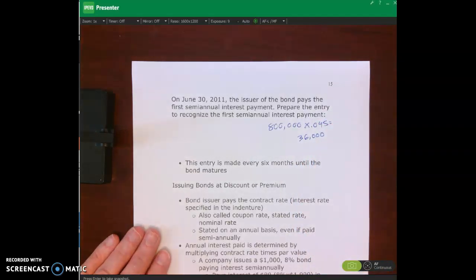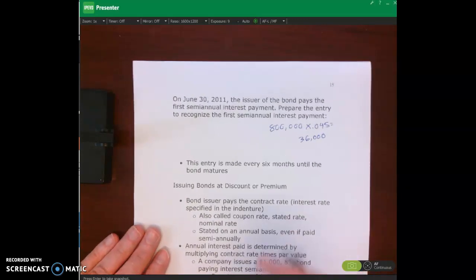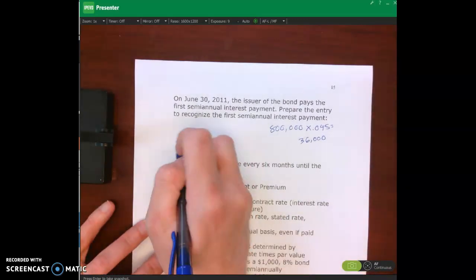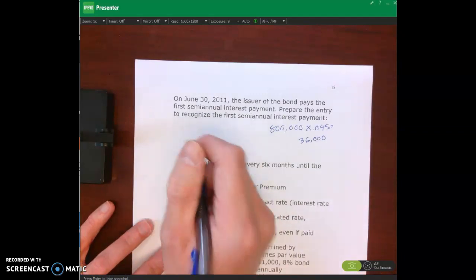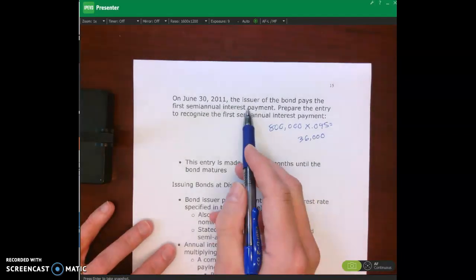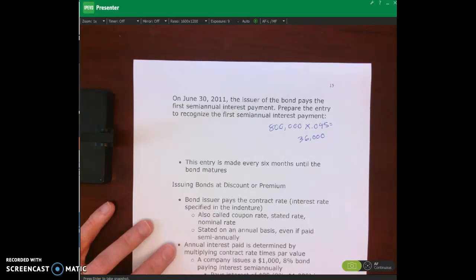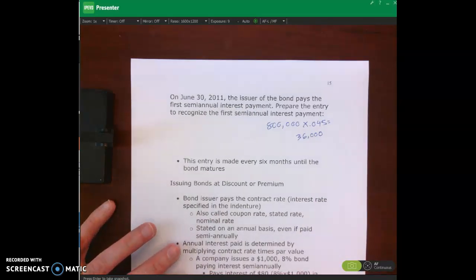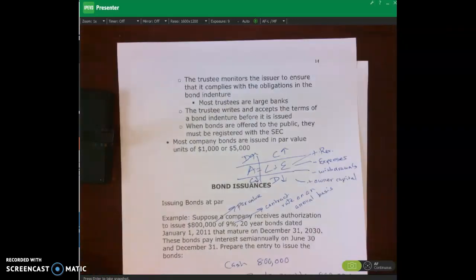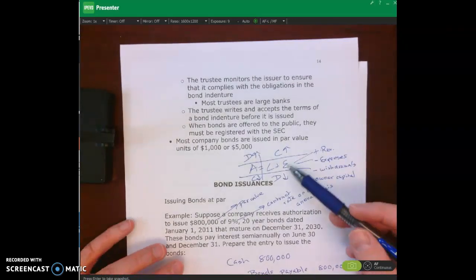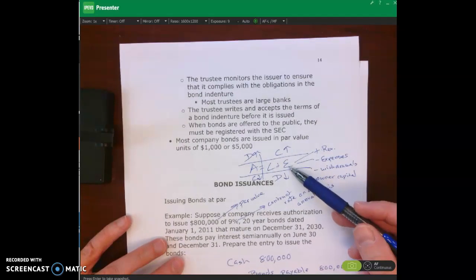Okay, so now we can do our journal entry. And how do we do our journal entry? We're going to debit an expense. This interest payment that we have to make to our bondholders is called bond interest expense. And if we look back over here on this prior page where we showed the accounting equation, expenses are recognized with a debit.